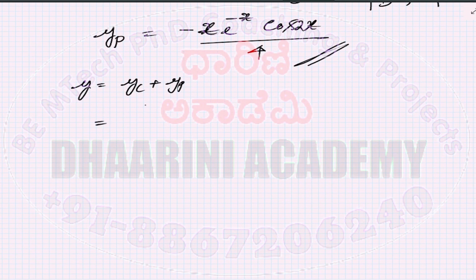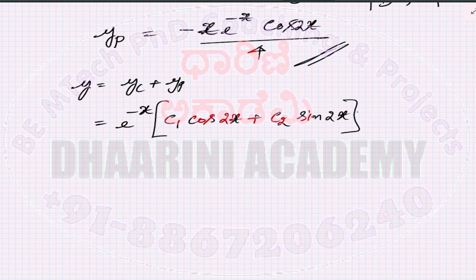This is equal to the yc we obtained, e to the minus x, c1 cos 2x plus c2 into sin 2x, minus x into e to the minus x by 4 into cos 2x. This is the final answer.